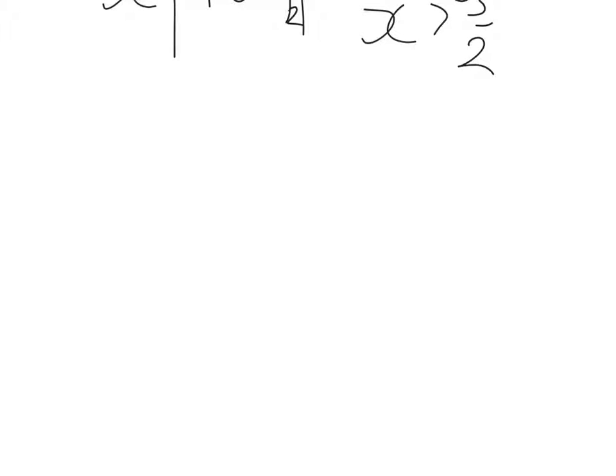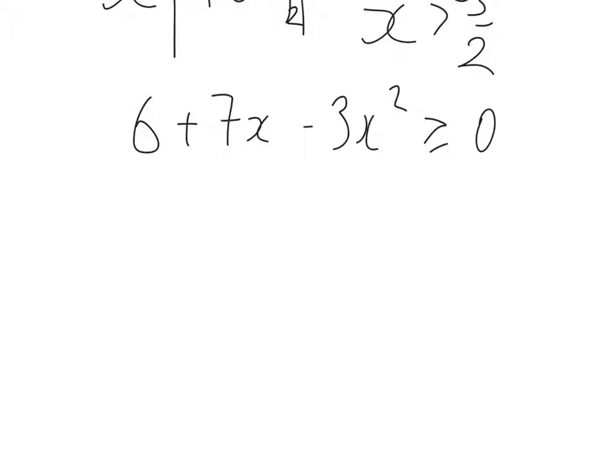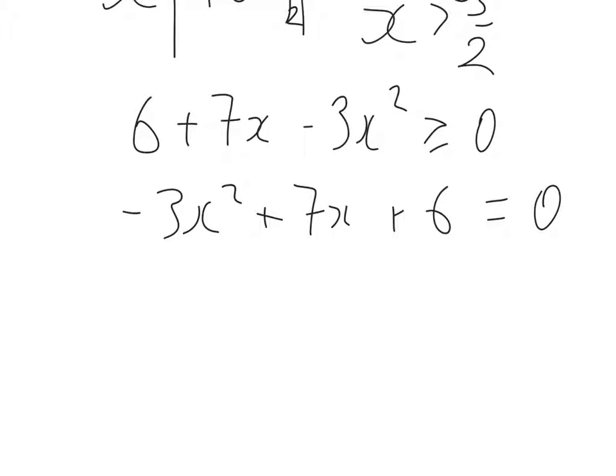Okay, next one, 6 plus 7x minus 3x squared is greater than or equal to 0. So let's put this in a more familiar order first of all. So minus 3x squared plus 7x plus 6. I'm going to be finding the roots, so make the thing equal to 0.